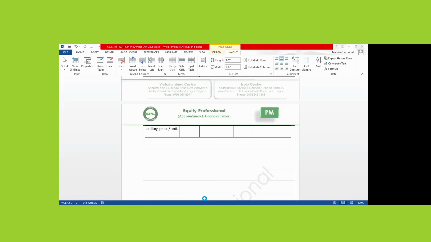I'll take that again. We said cost estimation can be described as measurement of historical cost. You are measuring your historical cost, your past cost.